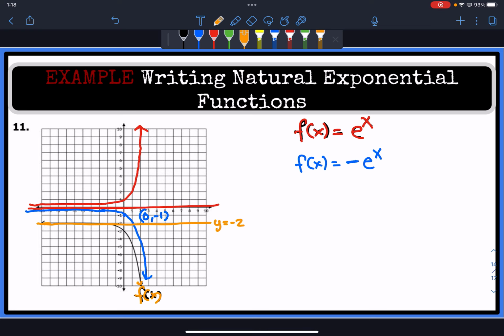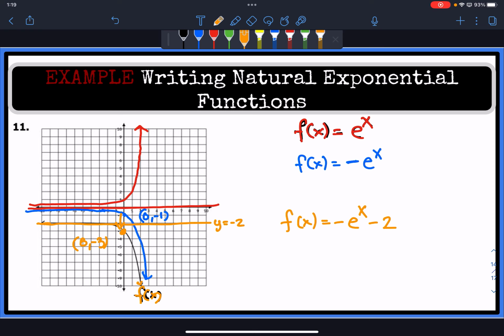And from the horizontal asymptote, I can see that this point that's normally at 0, -1 is located here at 0, -3. So that means it's only been shifted down 2 units. So shifting this graph down 2 units is going to give us the function for f. So f of x equals negative e to the power of x minus 2.